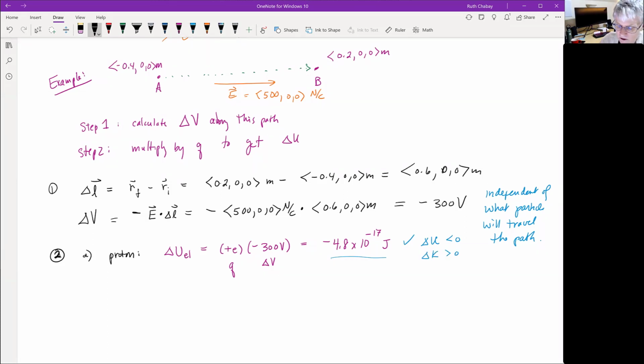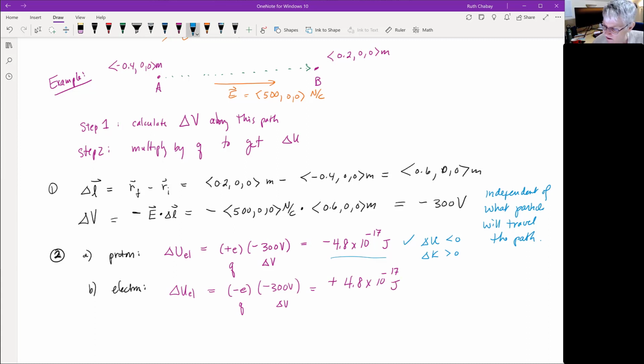Let's check it out for an electron. If an electron travels along the path, then the charge of the electron is a minus e, that's our q, but we still have the same potential difference, 300 volts. And so now we get a plus 4.8 times 10 to the negative 17 joules.